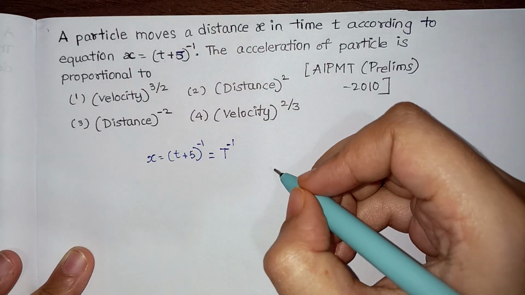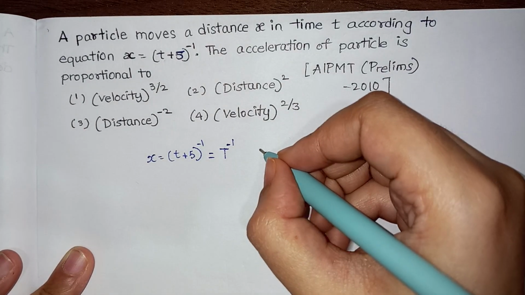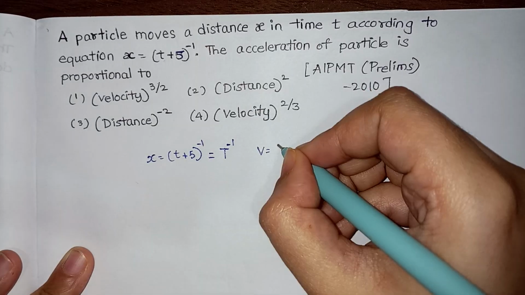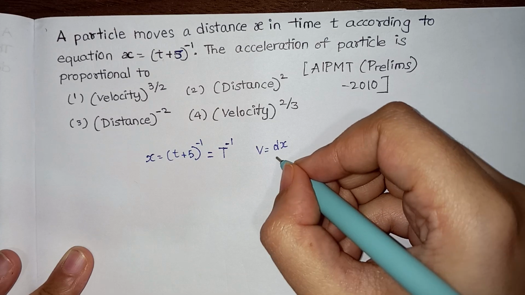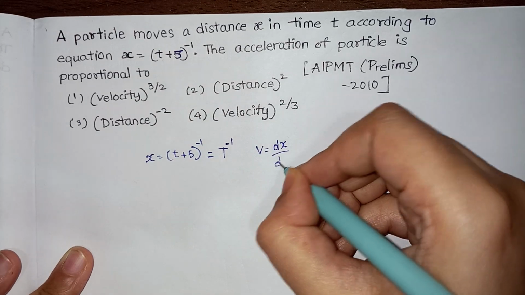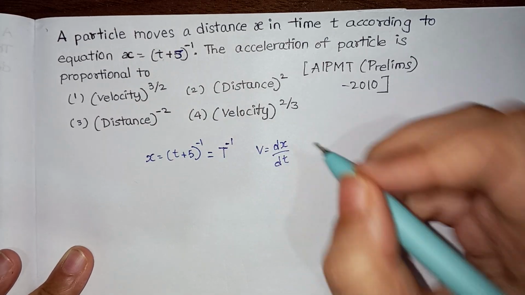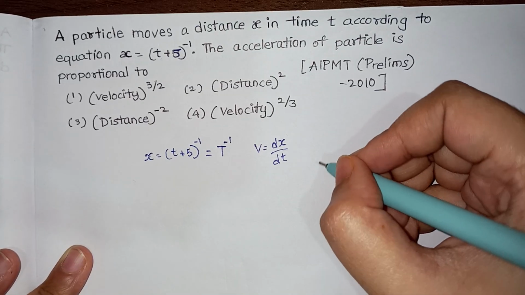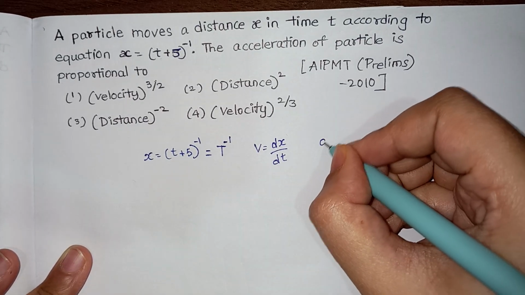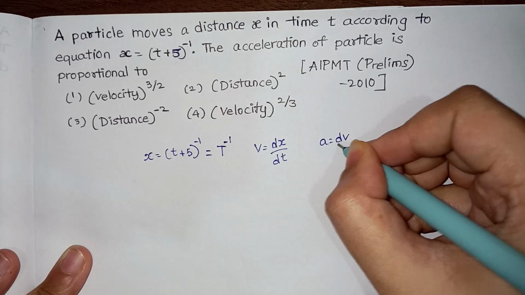Okay, so we know that for velocity we differentiate distance. For velocity we differentiate displacement. In this case we got distance, there is nothing wrong with it. And for acceleration we differentiate velocity, so dv by dt.